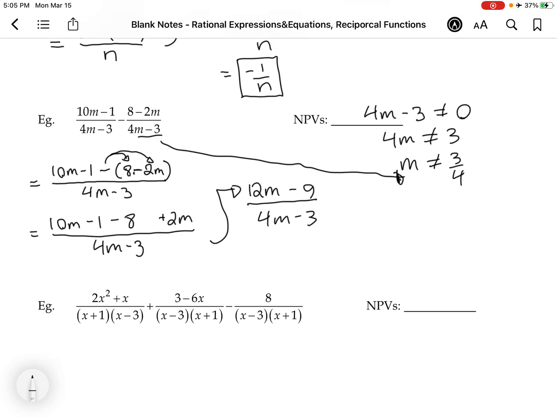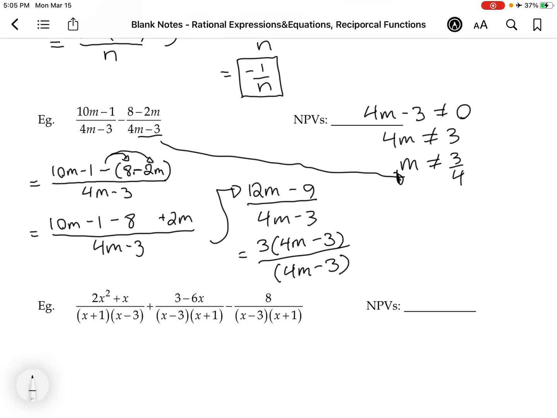Okay, now at this stage, you have to check to see if you can simplify further, because once you add or subtract these things, sometimes you will actually get something in the numerator that's factorable, and it may cancel with one of the factors in the denominator. Here we have a greatest common factor in the numerator of 3. And when I factor that out, I'm left with 4m minus 3.